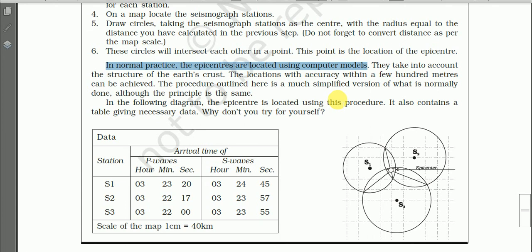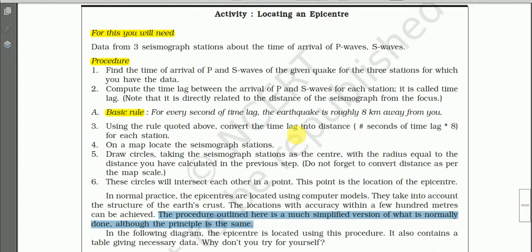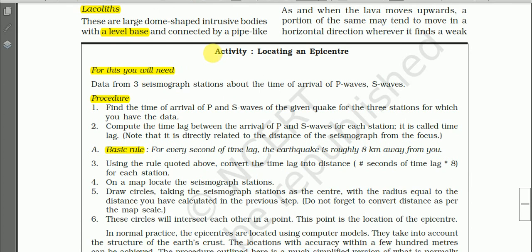So it is very easy and very quick also, okay. But this is the basic. This is the principle. See, the procedure outlined here is a much simplified version of what is normally done, although the principle is the same. This is the basic, and in this way we can locate the epicenter of the earthquakes, okay.